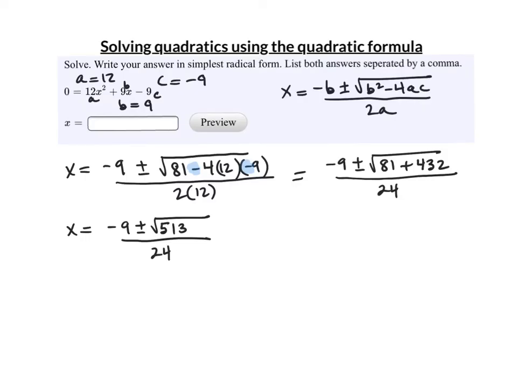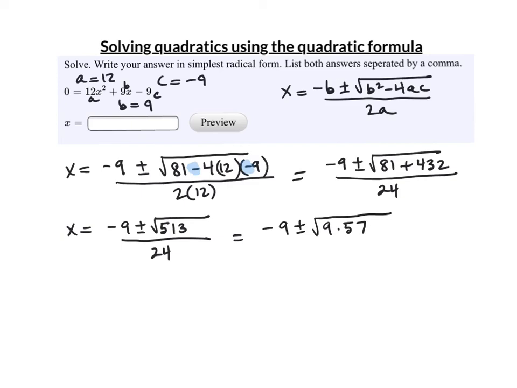So we will rewrite this as negative 9 plus or minus the square root of 9 times, let's see, I already forgot, 513 divided by 9 was 57. 57 doesn't have any larger perfect squares in it.